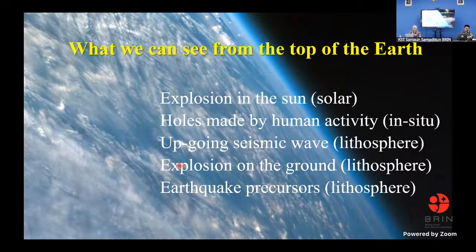This is a lithospheric phenomenon that may disturb the ionosphere. Also, I will briefly talk about something that may occur just before large earthquakes. This is going to be the last topic.